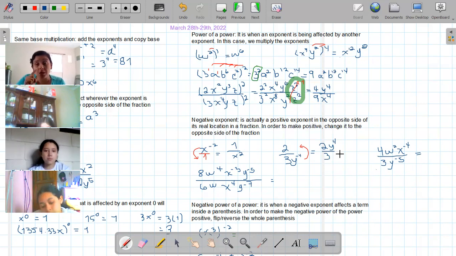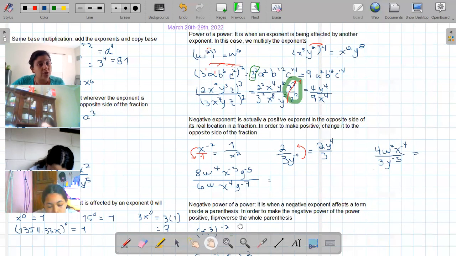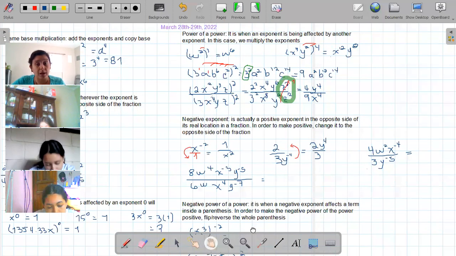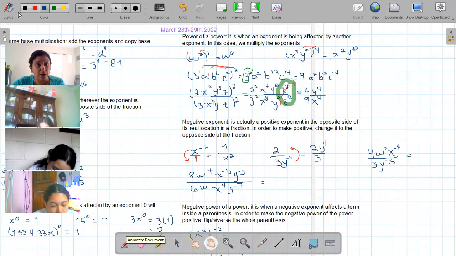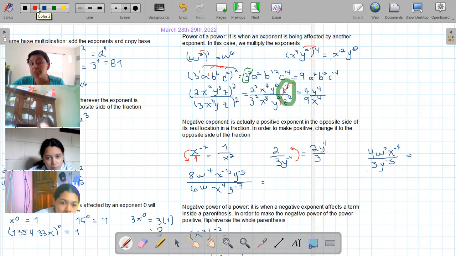Okay, you only move what has a negative exponent. You do not change the location of those terms that have positive exponents. You leave them as they are wherever they are. Okay, if it is possible to simplify anything, then you simplify. That will be our 4th exercise.